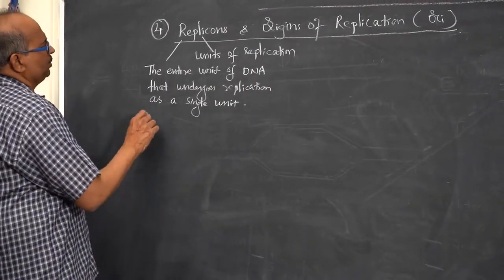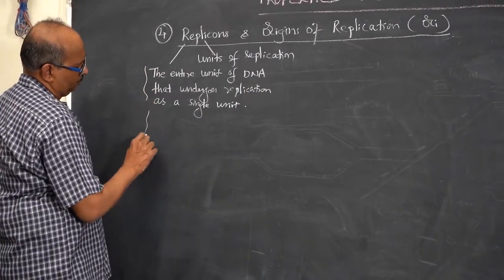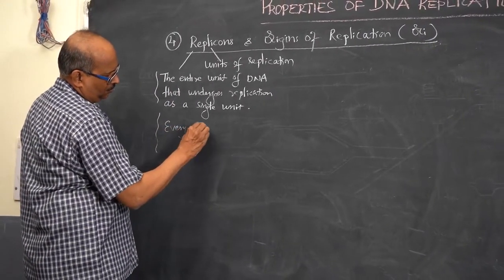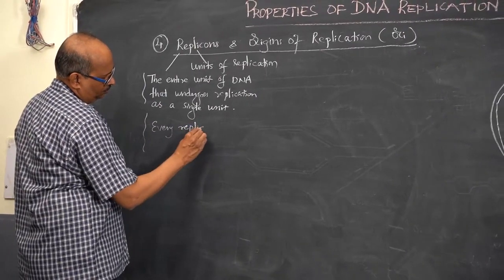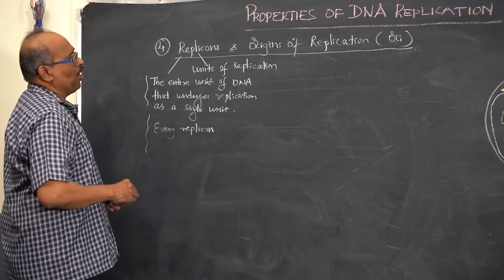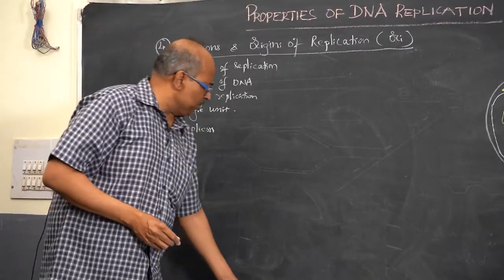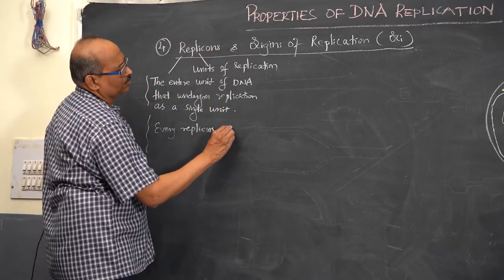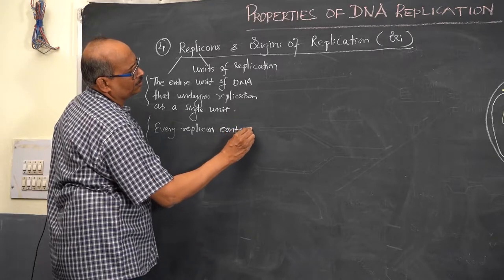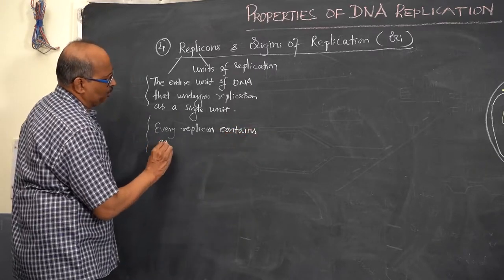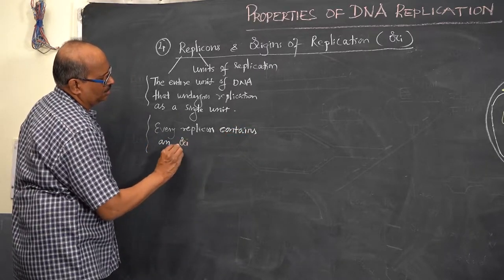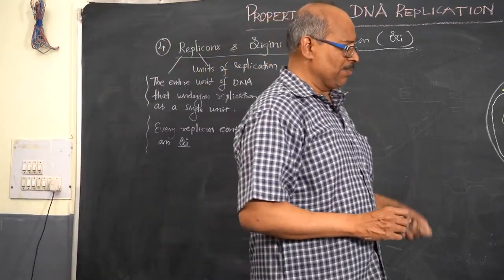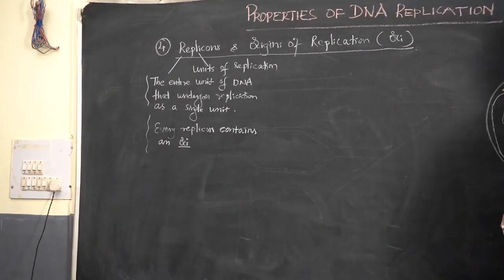Every replicon contains a point where the replication is initiated. And this point we call an origin. So replicon is the basic unit of replication.